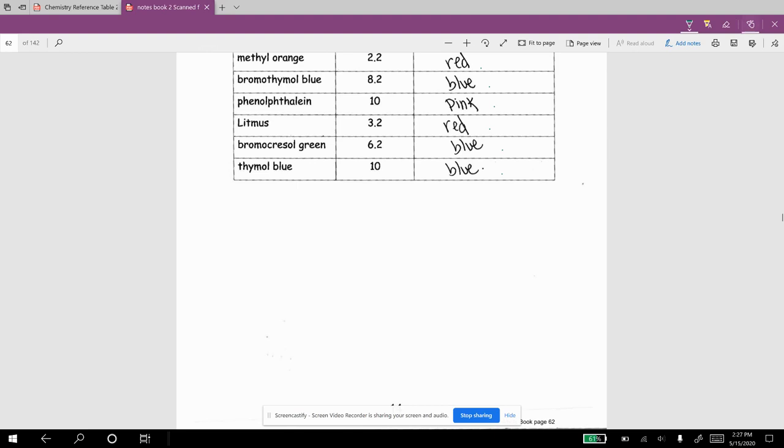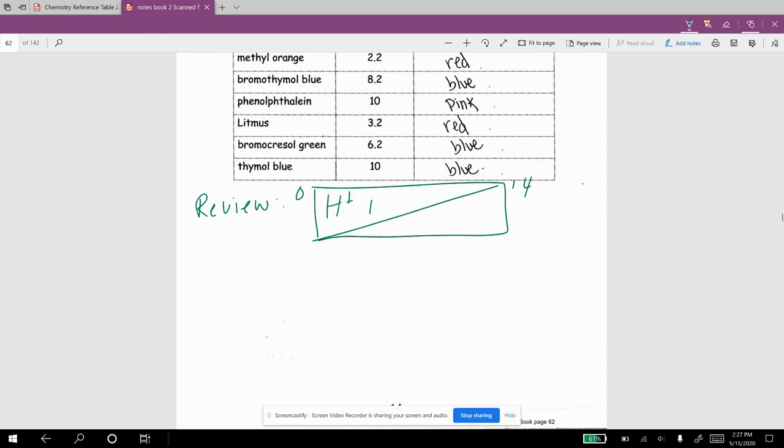But before we do, I want to throw in a really quick review of what we have done so far in our acids and bases. So here we have our pH from 0 to 14. Our H+ decreases as we go from 0 to 14, and our OH- increases as we go from 0 to 14.